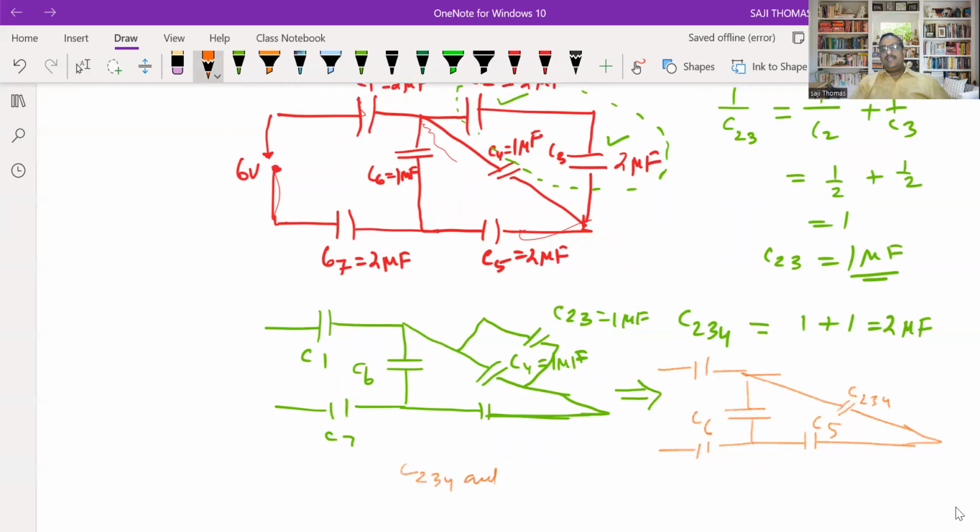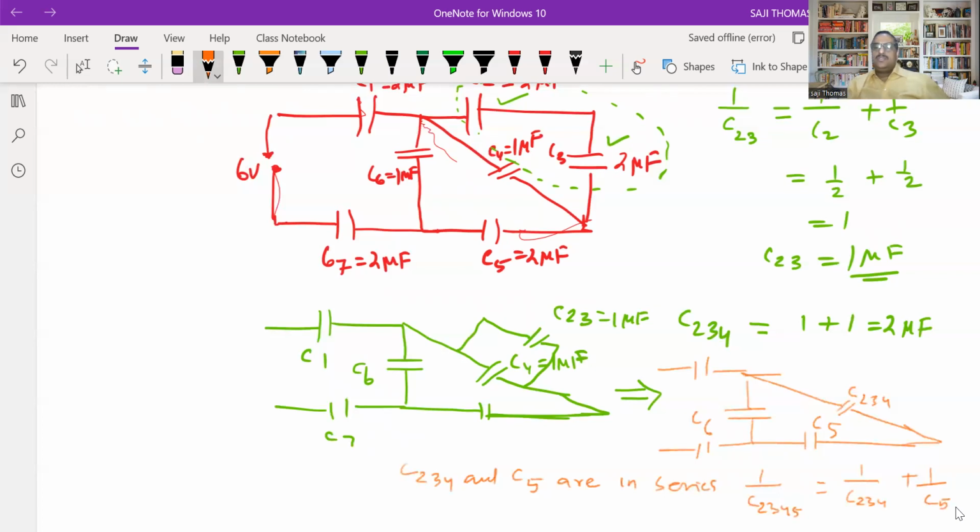C234 and C5 are in series. So what is the effective capacitance now? You take 1 by C2345, that will be 1 by C234 plus 1 by C5.